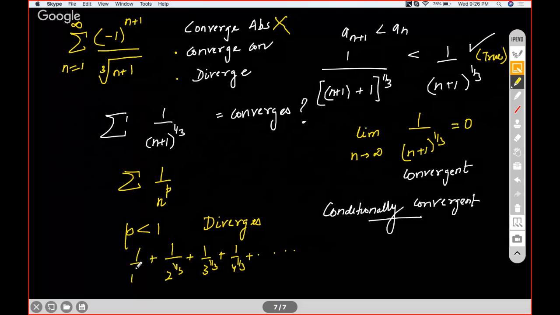We know that this is divergent, and if you remove this term also, the remaining series will still remain divergent. Even if you remove 5, 6, 10, a finite number of terms, it will still remain divergent. It's like pulling a few drops from an ocean. It doesn't reduce the ocean by a marginal quantity. Yes or no? Yeah. So the answer here is that this particular series is conditionally convergent.